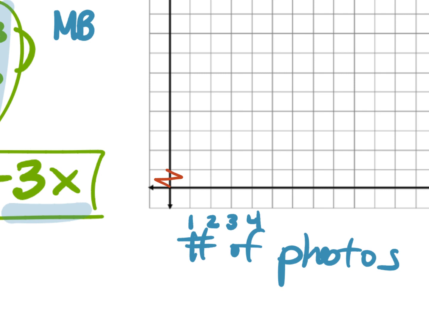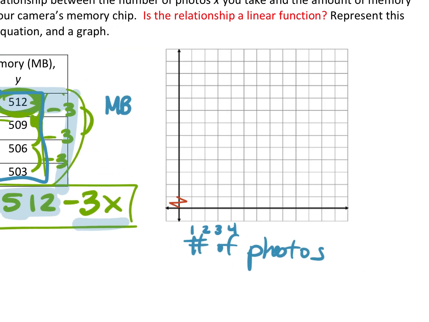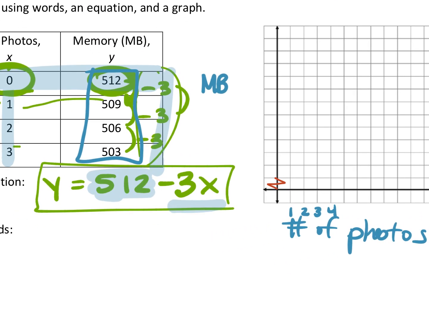These are big numbers, but they're also close together, okay? Here's what you do. You draw a little squiggly like that, and what that means is I'm skipping a whole bunch of numbers. So if you look at what y values would make sense, I'm going to say this is 500, but I'm not going to count by 500s. As long as you put this little squiggly in, it's saying I'm ditching all those bottom ones and I'm just going to start my graph at 500. Now you can count by whatever you want to count by. What would make sense? I would count by 3, right?